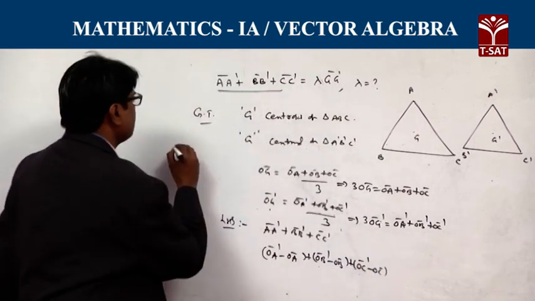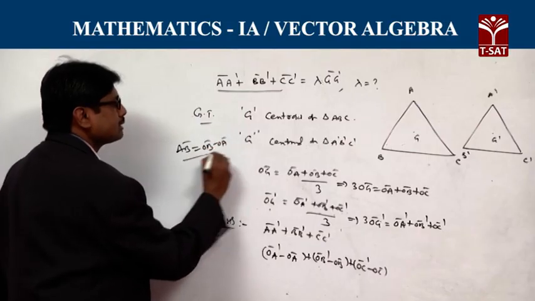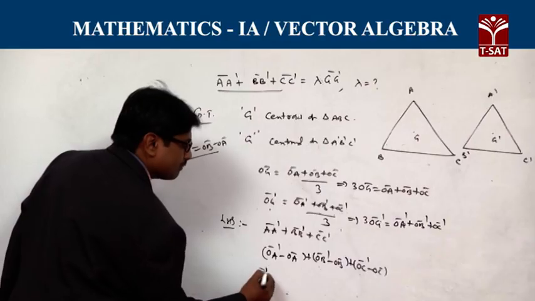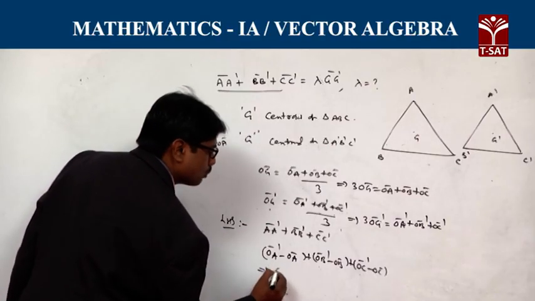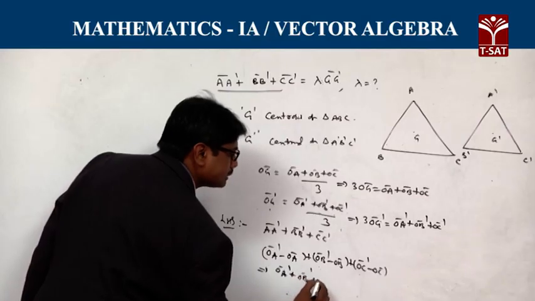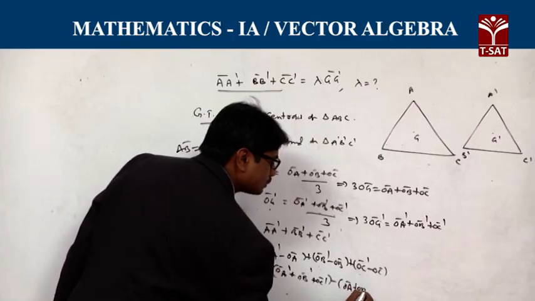Just now we did the position vector of AB bar is equal to OB bar minus OA bar. Earlier classes also we did many problems based on that. So, according to vector addition, it can be written as OA dash bar plus OB dash bar plus OC dash bar minus (OA bar plus OB bar plus OC bar).